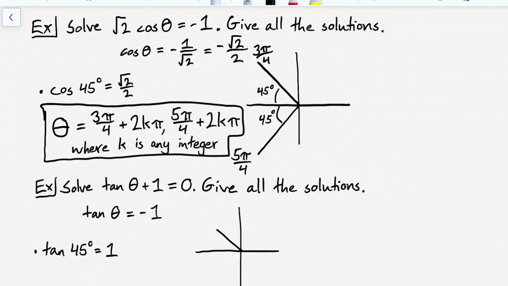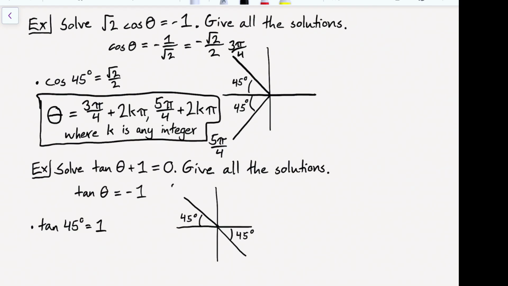That will be in quadrants 2 and 4. These would have a reference angle of 45 degrees. This is 3 pi over 4, and this is 7 pi over 4.